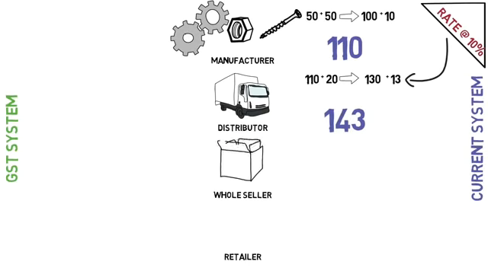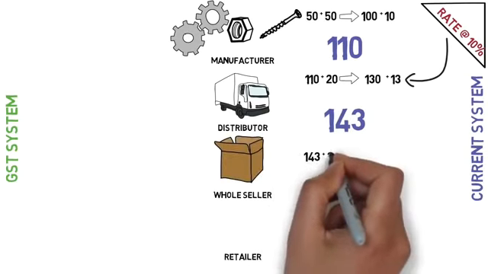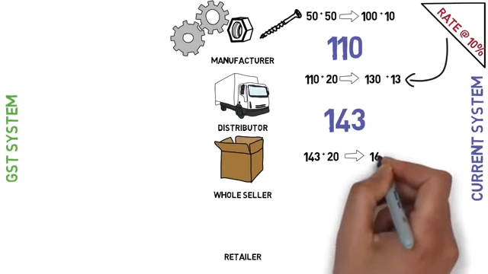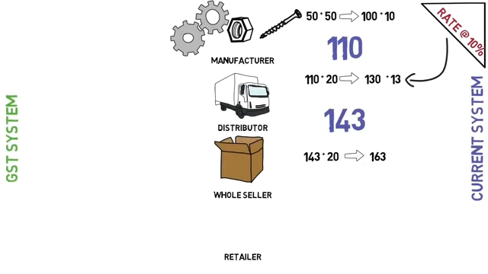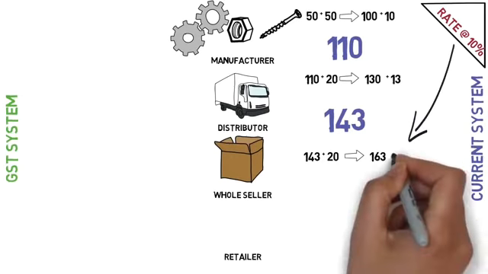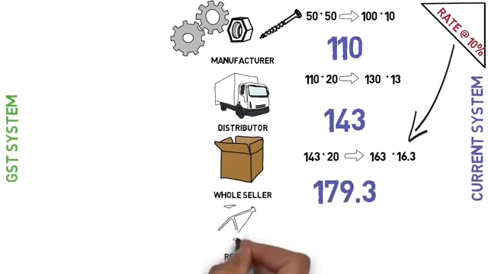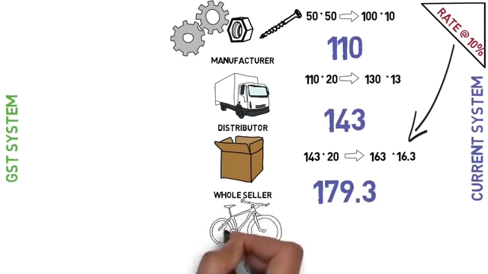The wholesaler follows the same pattern and the price becomes 143 plus 20, that is 163, and 10% tax, which is rupees 16.3, and sells it for 179.3 rupees to the retailer.